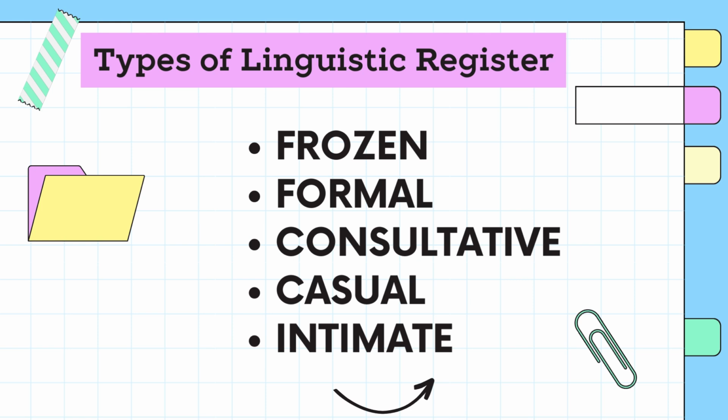And then the other one, we have this consultative. You are actually referring to experts who are basically knowledgeable in certain skills. For example, you have this result or findings for your diagnosis or for your laboratory tests, and you don't know how to read those words.